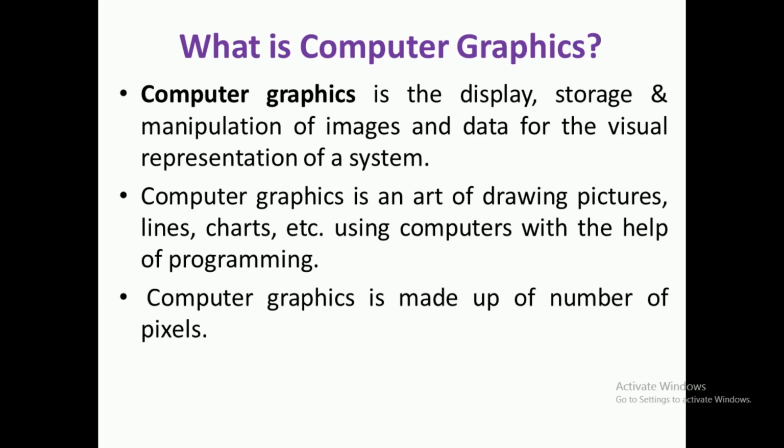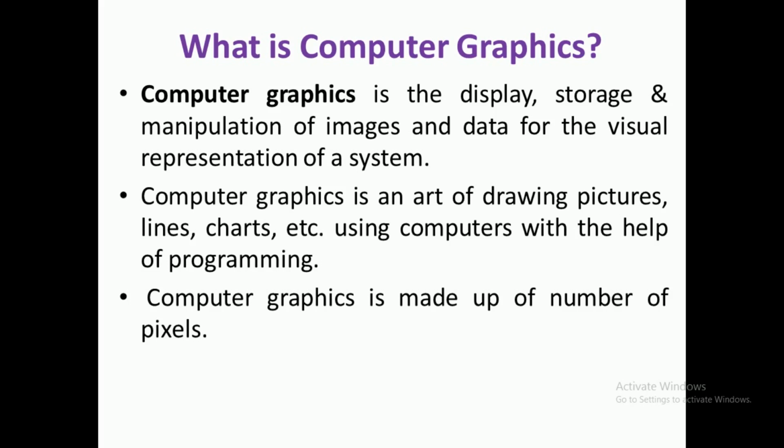There may be pie chart, bar chart, all those things, using computer with the help of programming. This type of program, that is computer graphics programming, is not a simple program. They are using computer graphics programs to represent all this information. That also can be defined as computer graphics, right?